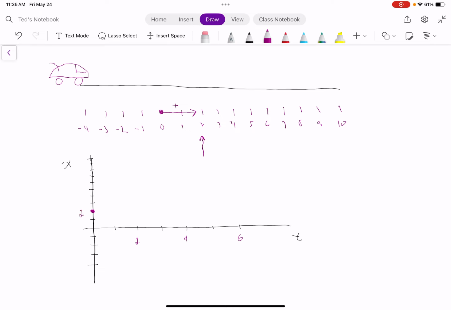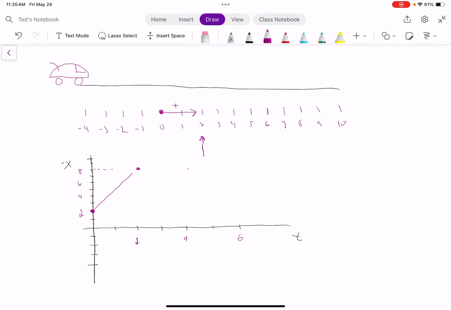So this is 2, 4, 6, 8 meters. So right here is 8 meters. And when we got to 2 seconds, we had reached a position of 8 meters. And it was moving at a constant speed, so this would be a nice straight line.